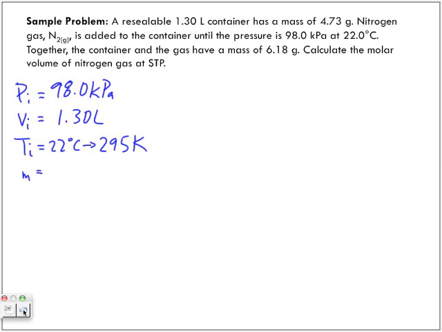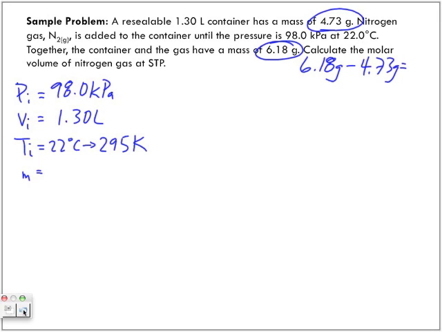We have a mass. Now, what is the actual mass of the nitrogen? Because 4.73 grams represents the mass of the actual container. The 6.18 grams represents both the container with the gas. So we want to subtract these two. And what do we get?